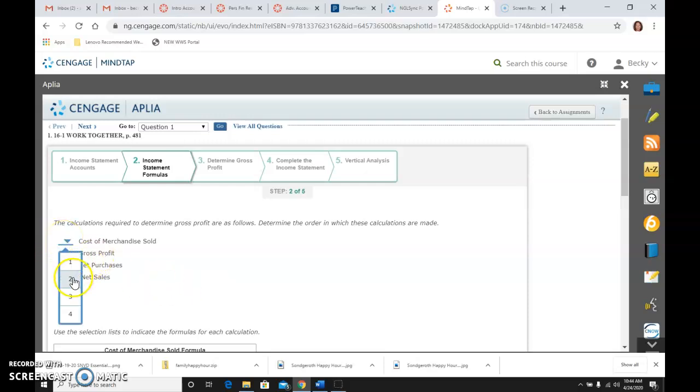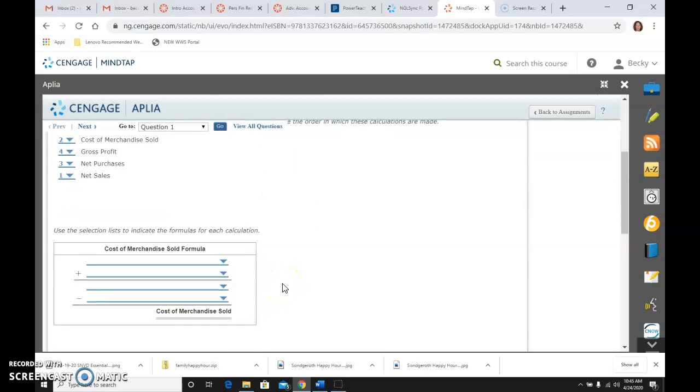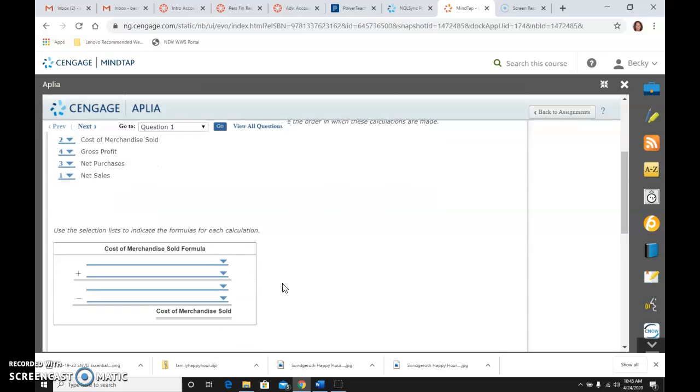Then net purchases, then cost of merchandise sold. And then gross profit. That is the order it would show up on the income statement. And then it wants you to use the list below to indicate the formulas for each calculation.